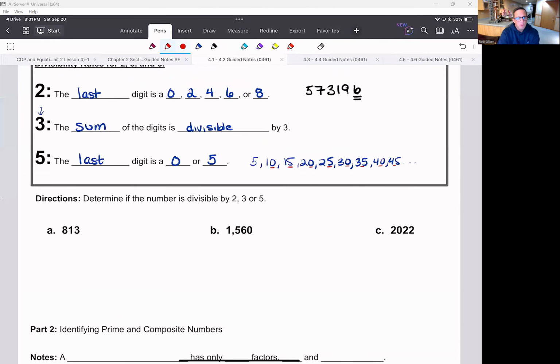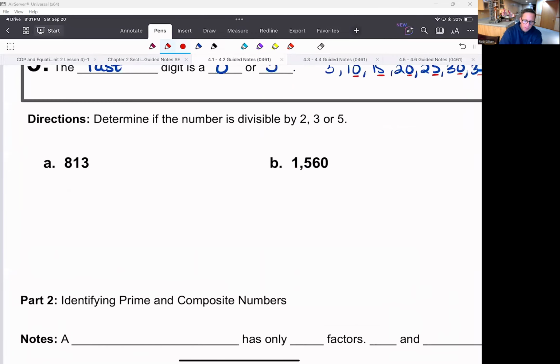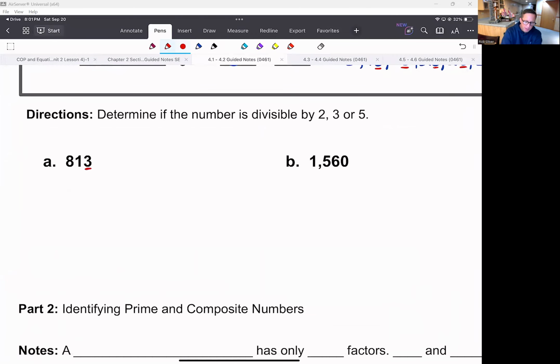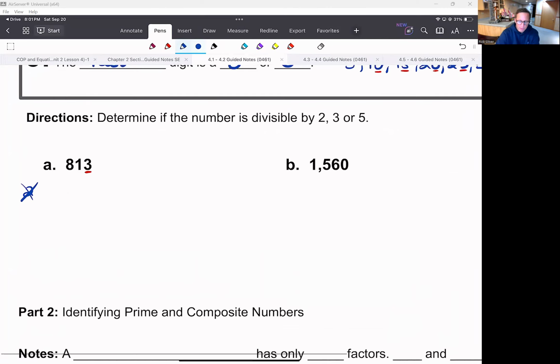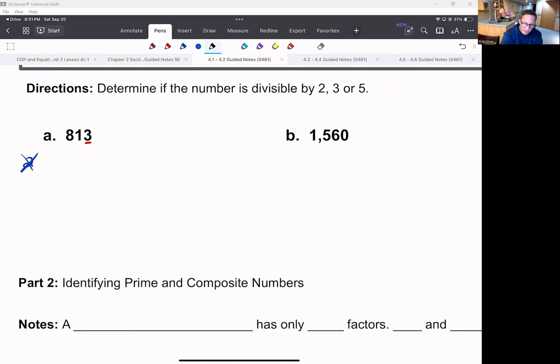Okay, determine if the number is divisible by 2, 3, or 5. For 2, definitely not, because it ends in an odd digit. So we can say no to 2. I'm just going to write 2 and put an X through it. Now for 3, the rule is you add up the digits. 8 plus 1 plus 3. 8 plus 1 is 9, 9 plus 3 is 12.